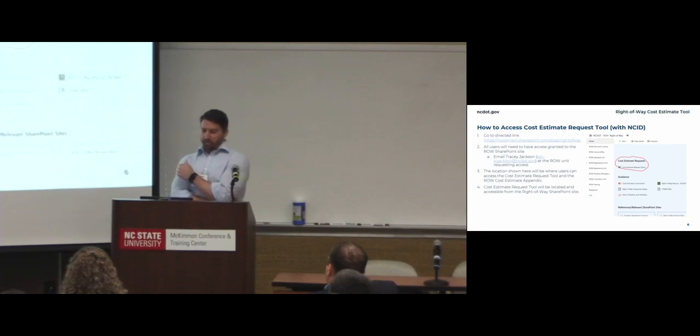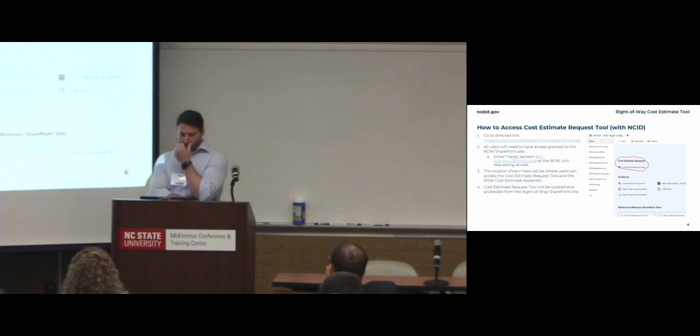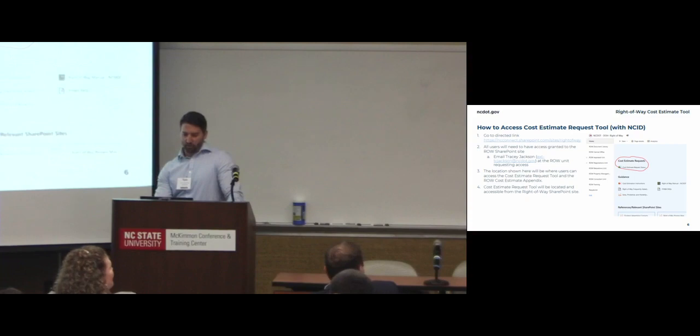Once you get the alert that you do have access to that site, you'll be able to come in here and click that link. Again, this right here is the location where that's going to be. There's going to be more up there. By the time the deployment of the tool is ready to go, the site will be redesigned, and this is going to be close to the top of the site, so you'll see it.